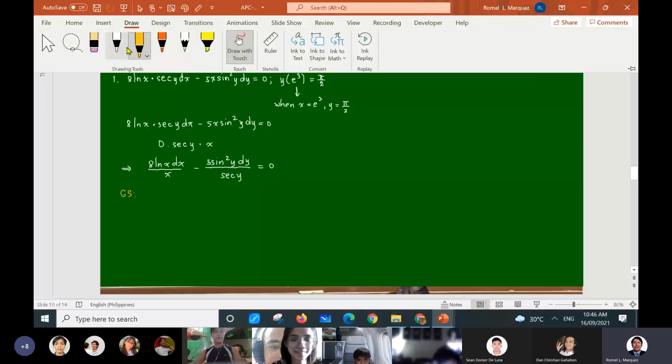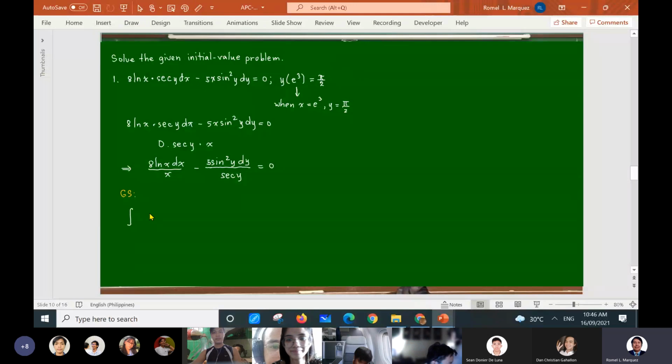We integrate. Actually, this is the start of the general solution, but this is not yet in simplest form because there is still an integral sign. Integral of 8 ln x dx over x minus integral of 5 sine squared y dy over secant y equals c constant.